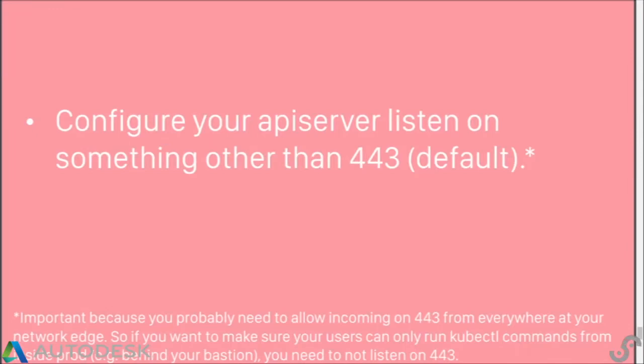And obviously, if it's listening on 443, unless you work somewhere where you don't need to allow 443 incoming to production, which I've never heard of a place with that type of setup, you probably will want to switch the listening port for Kubernetes so that people can't just run these commands from their laptops, totally bypassing your SSH bastion. So 6443, it's a decent choice for that.